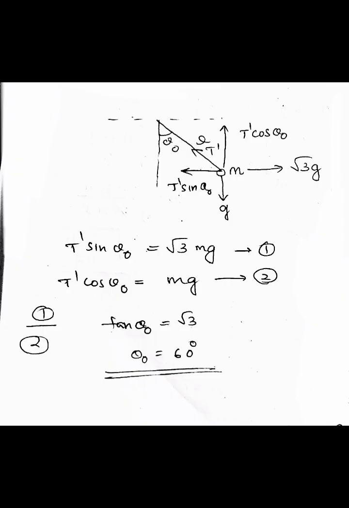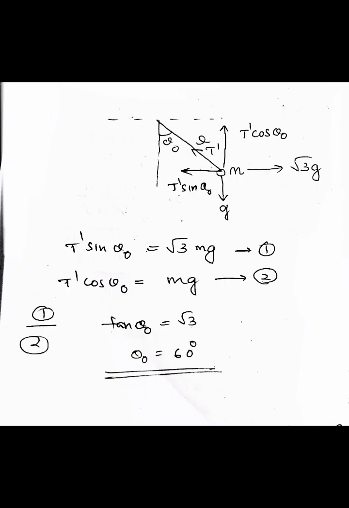Here it is mentioned that there is one more acceleration in the horizontal direction, that is square root over 3g. And a tension force is acting along the length of the string L, that is T dash. Making it into components, we can write T dash cos theta naught and T dash sin theta naught.